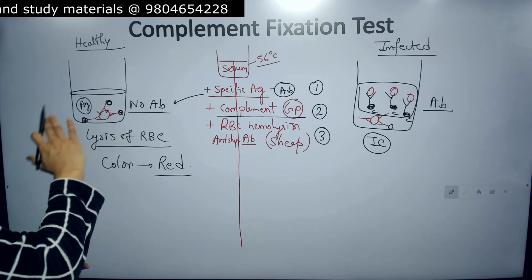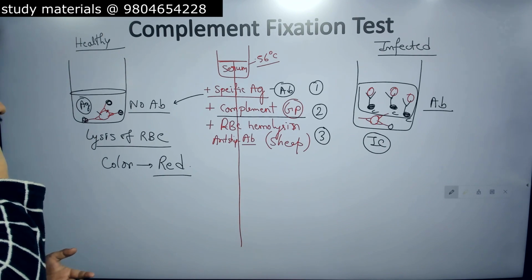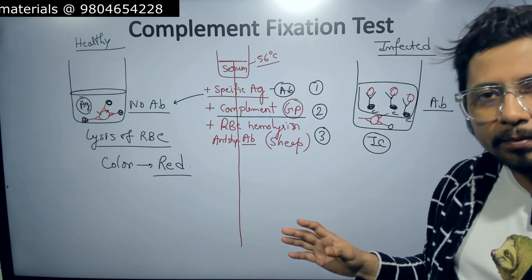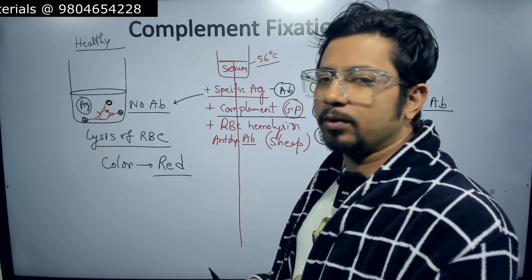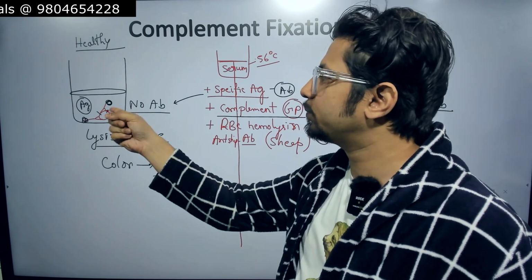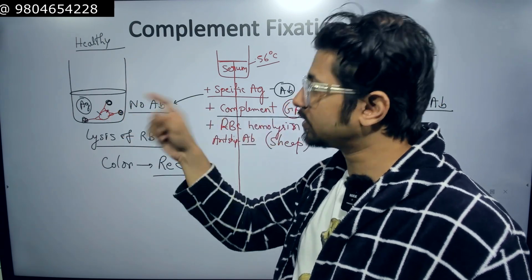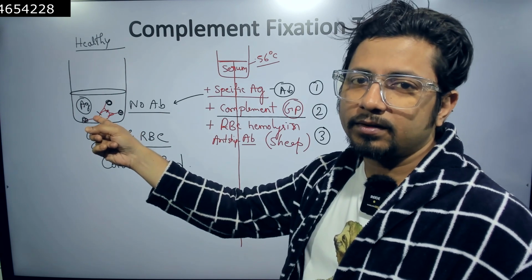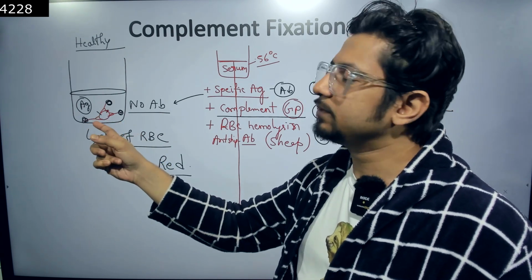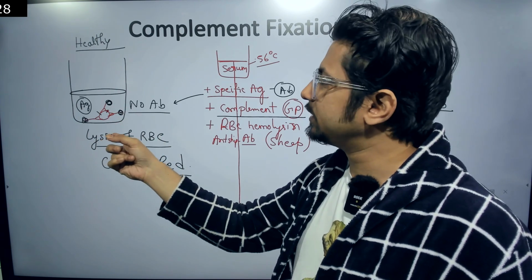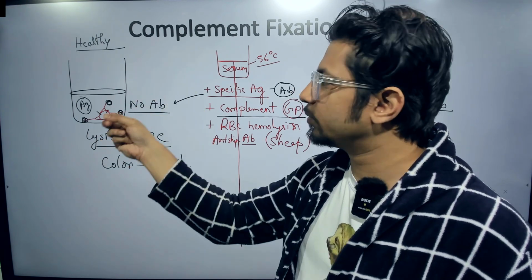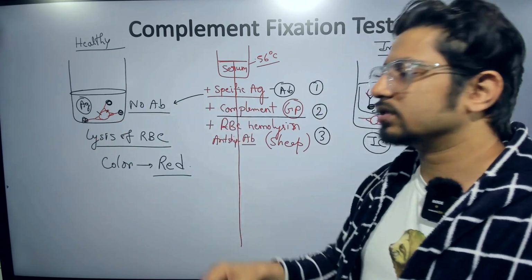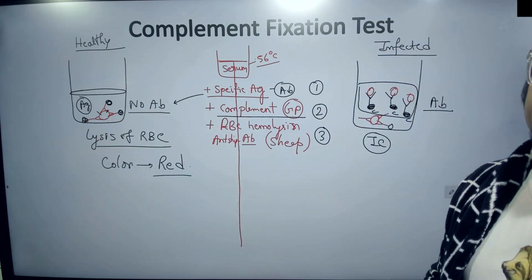But in the other case there was no antibody present in the serum, so there is no formation of antigen antibody complex. That's why if you put the complement here, that complement is freely roaming, and when you put in the sheep RBC, the antibody coated RBC, those freely roaming complements are going to be fixed on the RBC, creating pores in the RBC and causing the release of the RBC components.